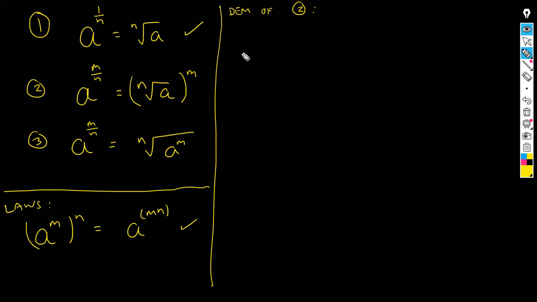Here we go. All I have to do to prove this fact is the following. I'm going to write a to the 1/n, and I'm going to raise it to the m. According to this law, I can write this as a to the 1/n times m.